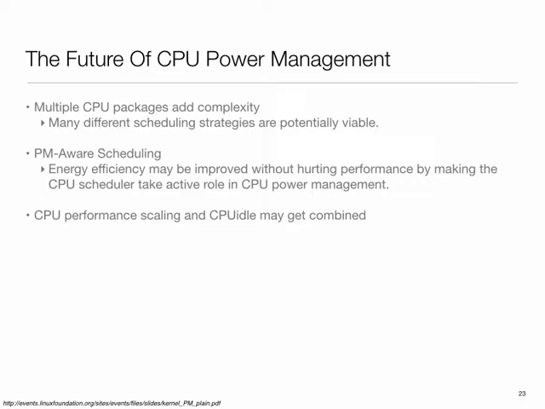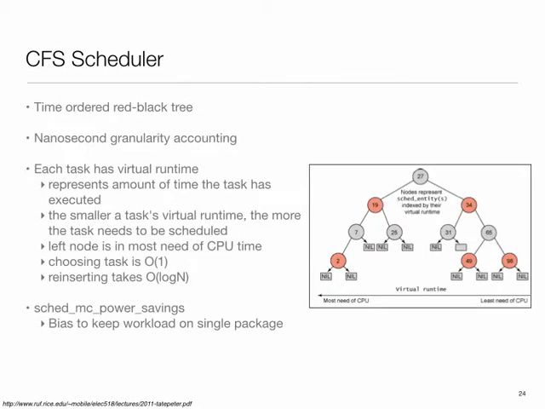So I mentioned Linux has a real-time part, and then there is the rest of Linux. The rest of this non-real-time stuff gets managed by something called the CFS scheduler. Conceptually, it works as follows: it keeps an accounting for every task of how much time it has consumed.